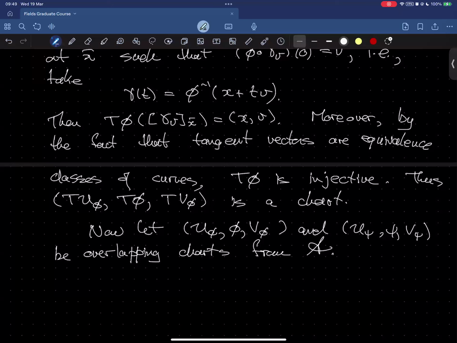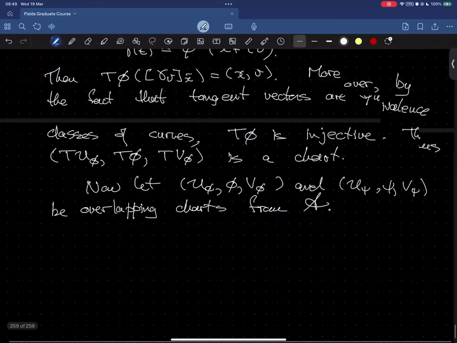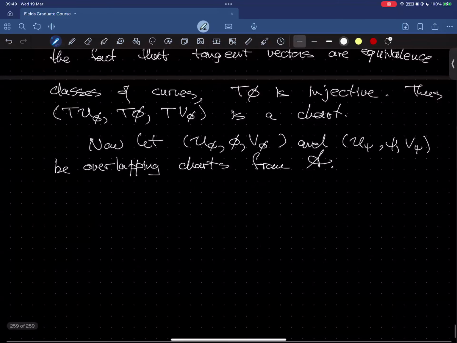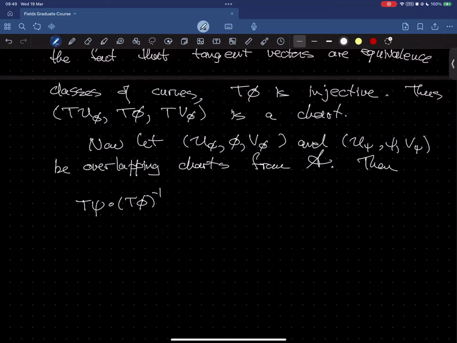Right, so I need to show that the overlap condition is satisfied for the two tangent bundle charts. This is not hard, but let's see how it follows from the definitions. What you need to consider is the mapping T psi composed with T phi inverse. That's the overlap map for the tangent bundle charts.